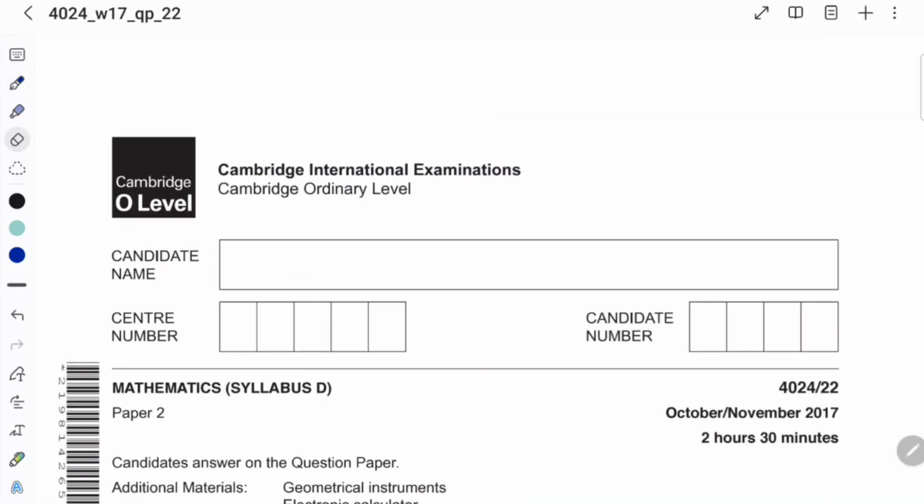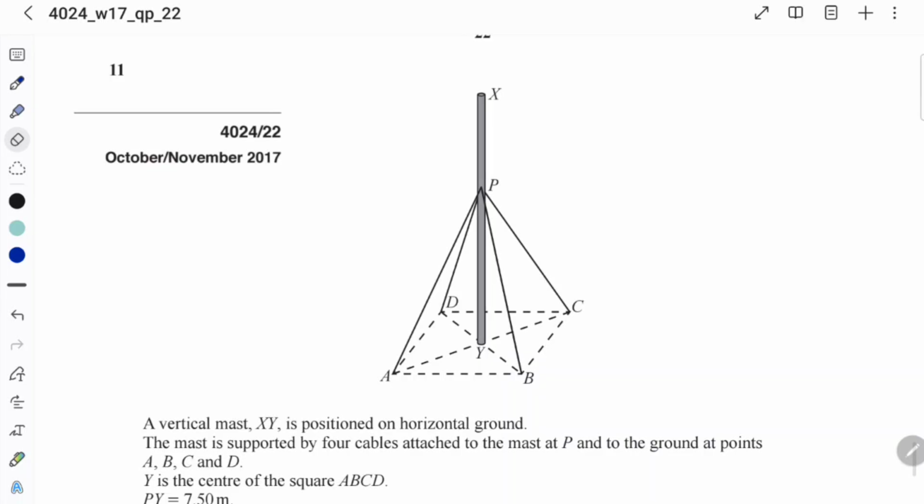The next question is from 4024 paper 2-2 October November 2017, and we are doing the trigonometry question, question number 11. It's again a 3D trigonometric question.